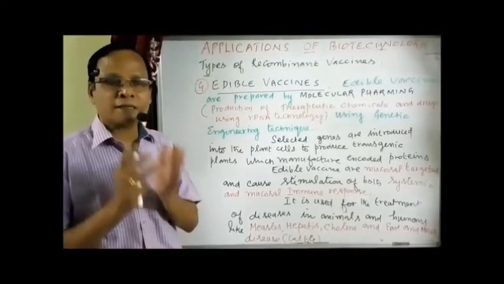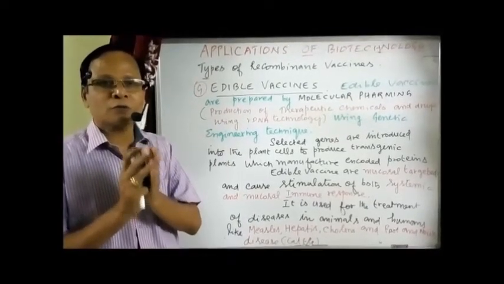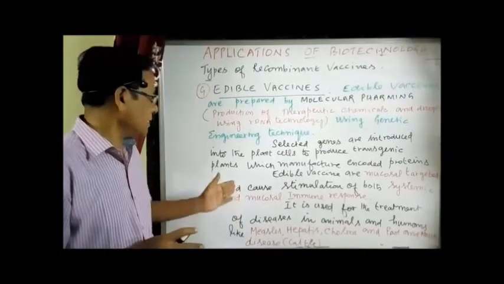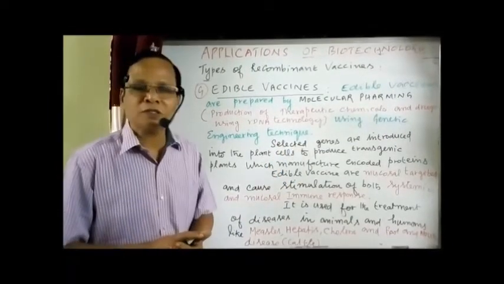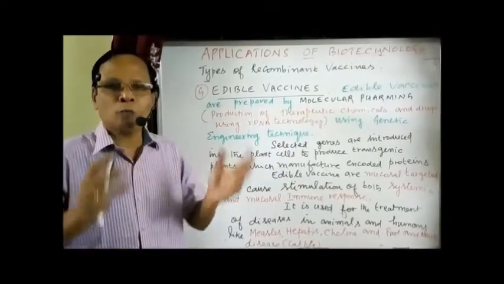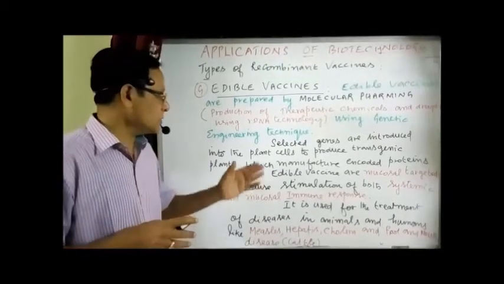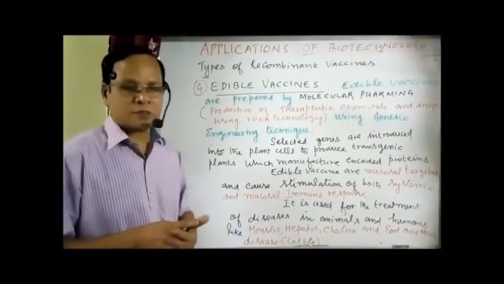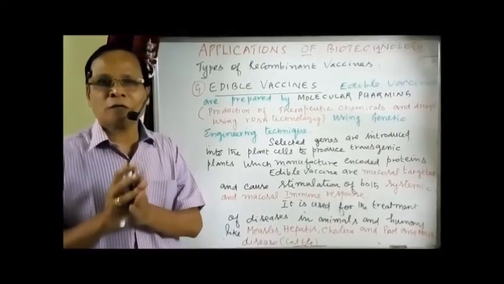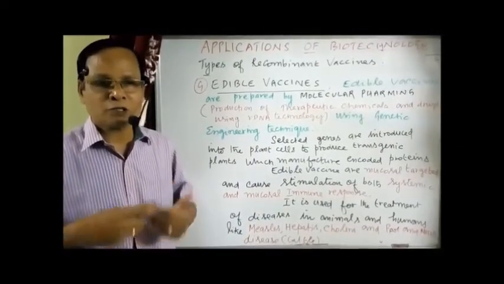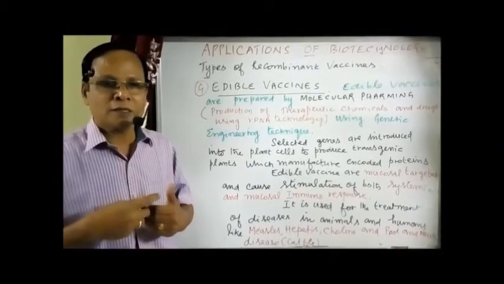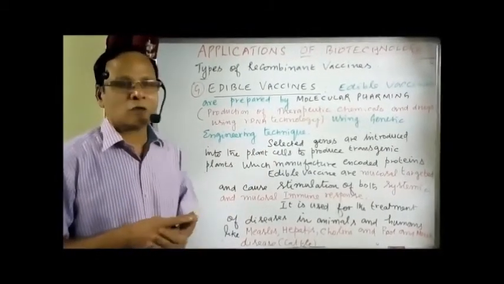Mucosal targeted means attacking the pathogens found in the mucosal layer and causing stimulation of both systemic, meaning the whole body, and mucosal immune response. Whenever pathogens are found in the whole body, particularly in the mucosa, the edible vaccine can act.